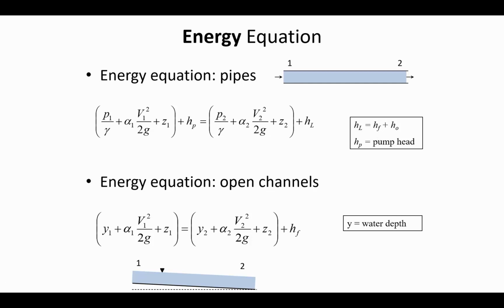We will occasionally have transitions, like when a channel is getting wider or contracting. If it's getting narrower, we'll have expansion and contraction coefficients, but we don't have fittings and valves in open channels in the same way that we did with closed conduits. So we won't have to worry about globe valves and gate valves and calculate the effect of those on energy losses in quite the same way.